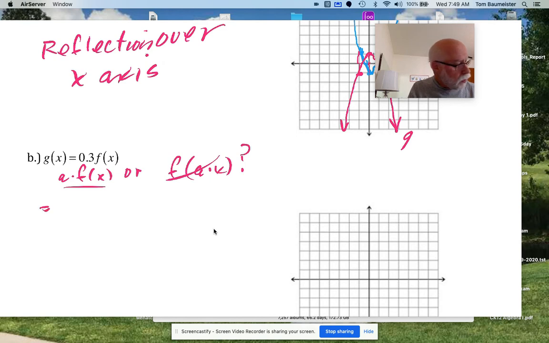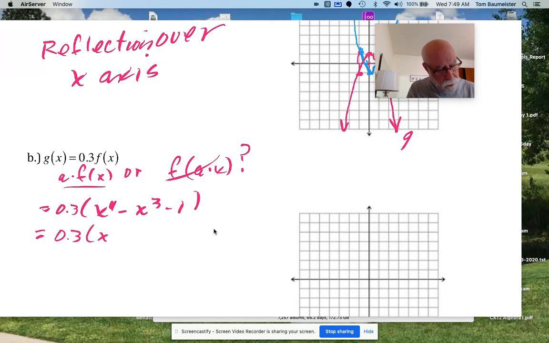So we're going to take our 0.3. I'm going to take x to the fourth minus x cubed minus 1. And that'll give us 0.3 x to the fourth minus 0.3 x cubed minus 0.3.